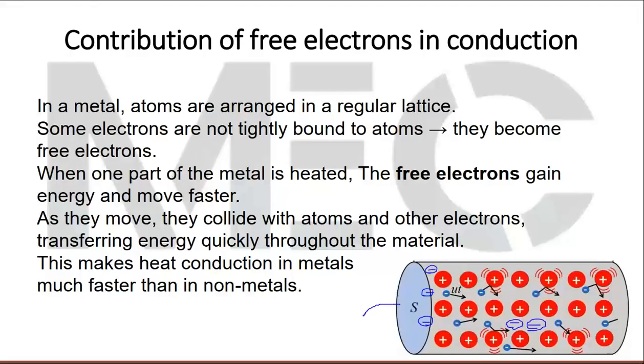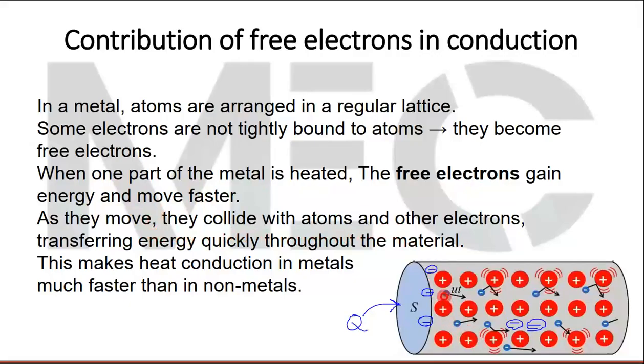Now, if one side of this metal is heated, when one part of the metal is heated, the free electrons gain energy and move faster. As they move, they collide with atoms and other electrons.